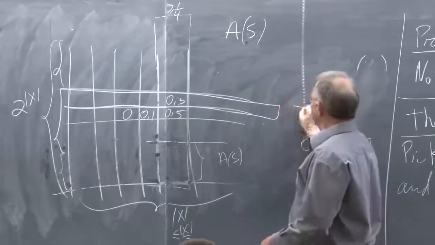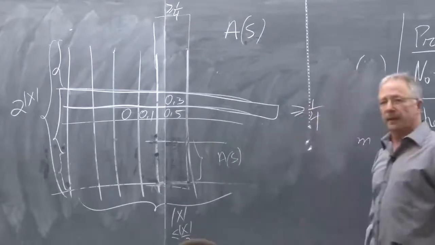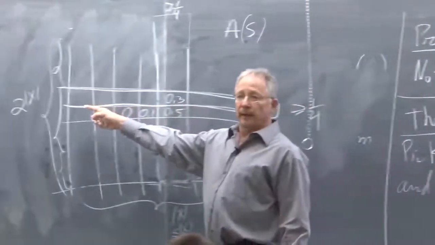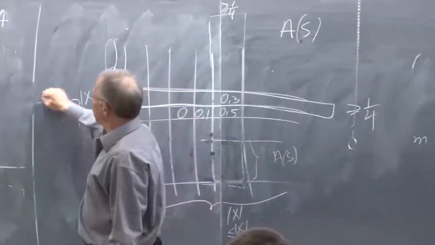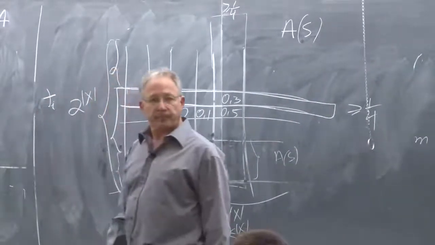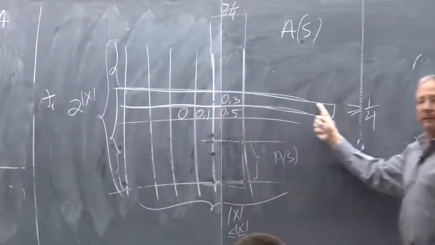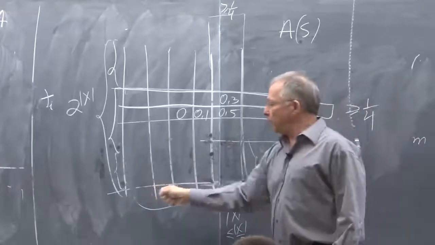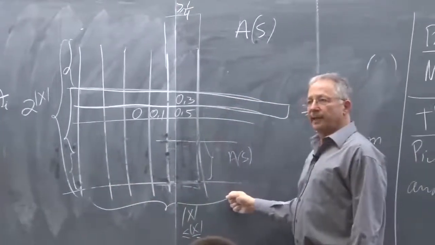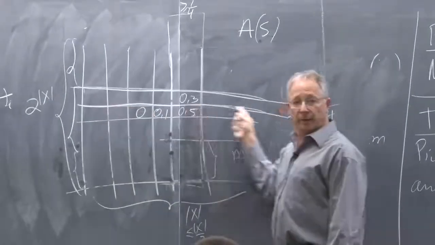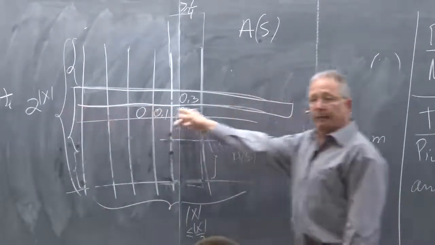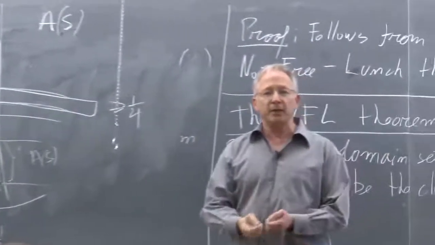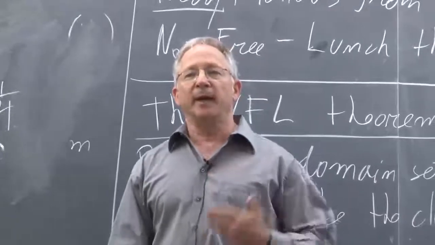So I found some row that has average at least a quarter. But what does it mean? What is a row in my matrix? A row in my matrix is some labeling function fi. And what do these numbers mean? This average means that over all possible samples, the average error that my algorithm will make on fi is at least a quarter. So there exists a function that deceives my algorithm.